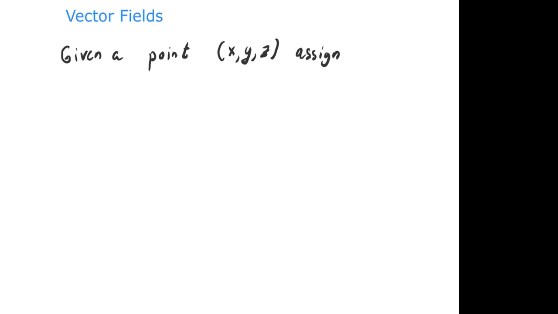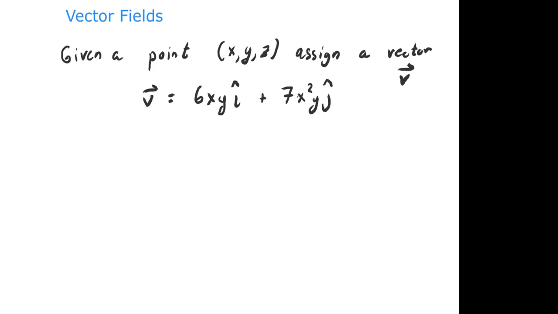So it's not going to be a scalar field. You're going to assign a vector, v, let's say. So here's an example of a vector field. The vector field v has components 6xy. This component points in the i hat direction, and it has another component 7x squared y that points in the j hat direction. So what the vector field does is that you give me a point x, y, and at that point you give me a vector.